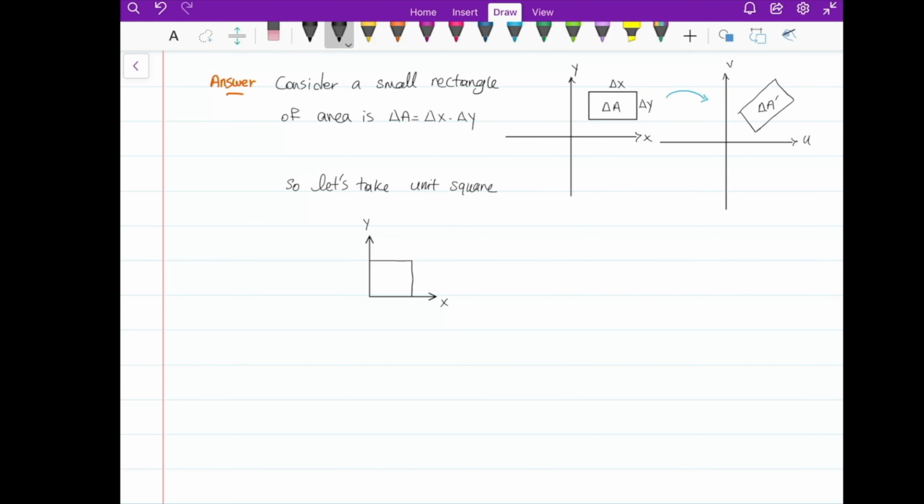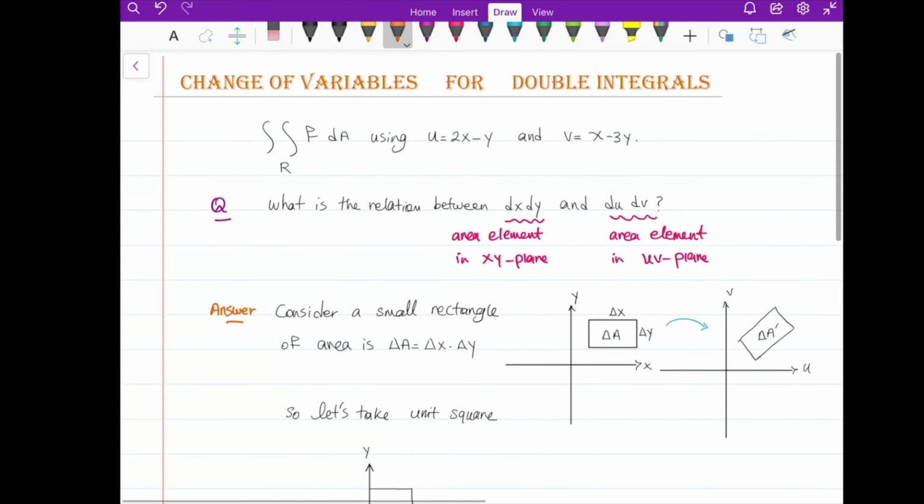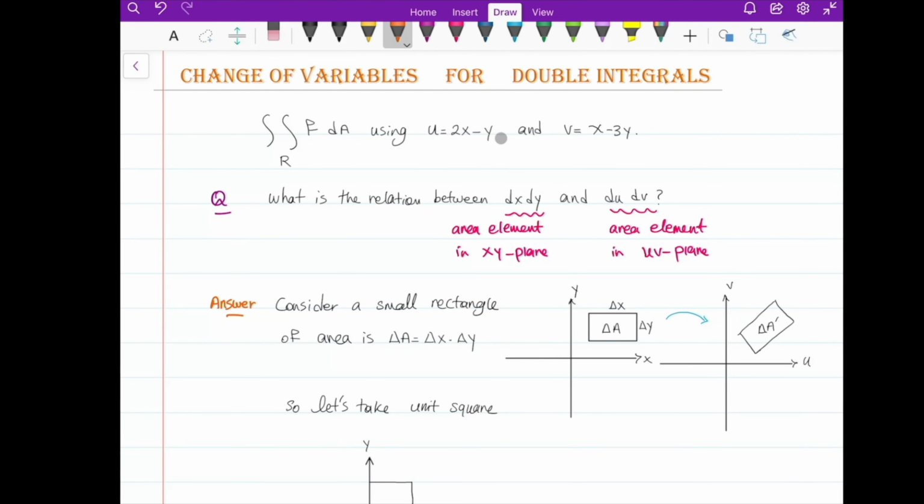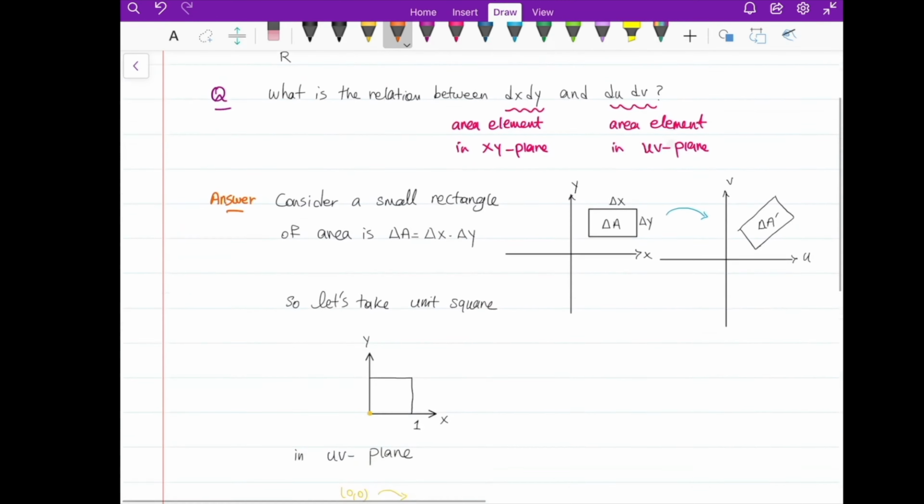So this unit square in the UV plane becomes what? I'm going to take 0, 0, and let me actually write the change of variables that I have. u is 2x minus y, v is x minus 3y.